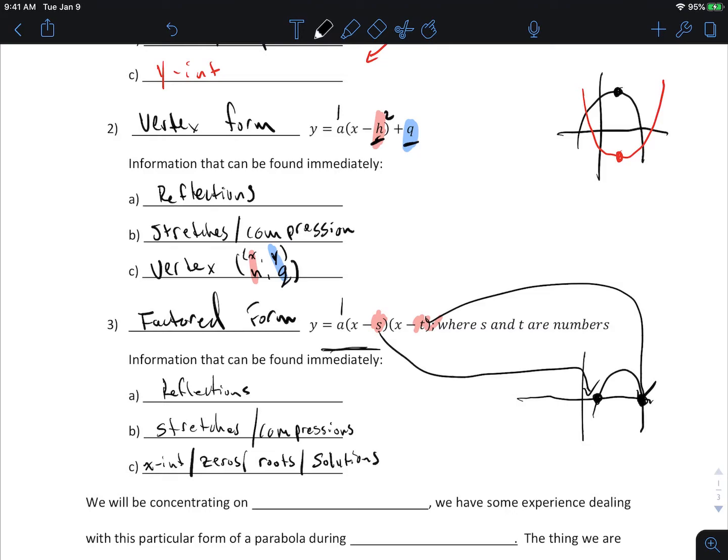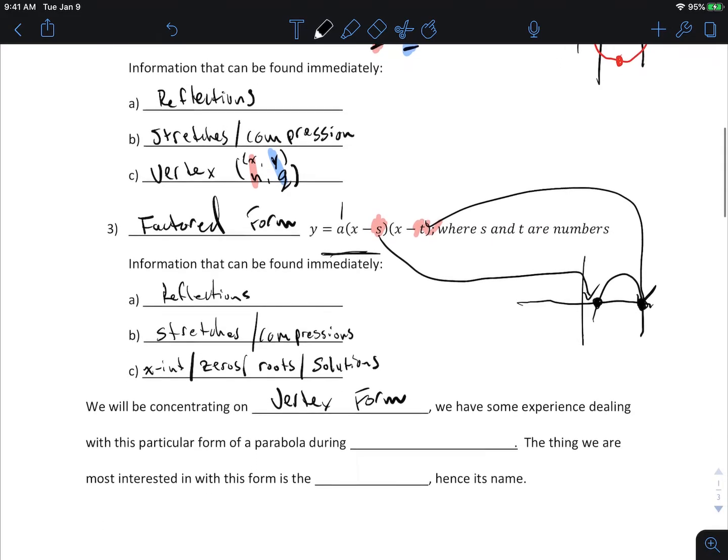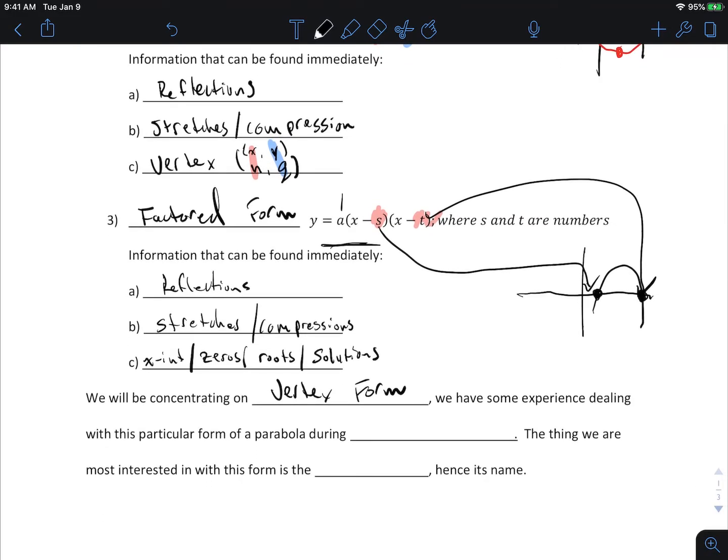Okay, so we'll be concentrating on vertex form, with some experience with transformations.